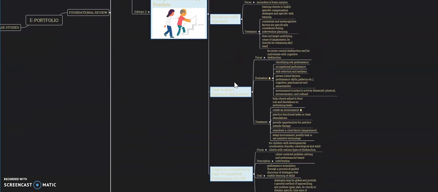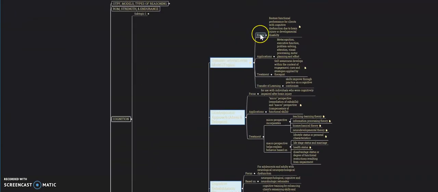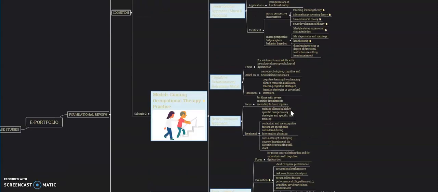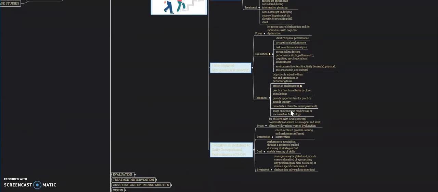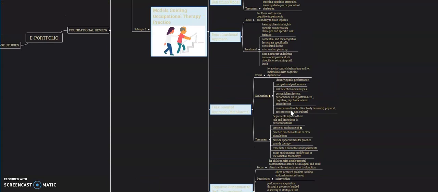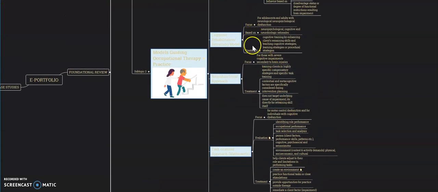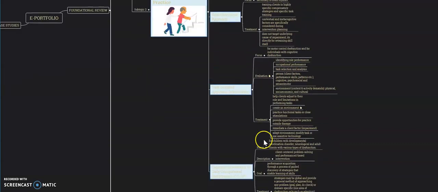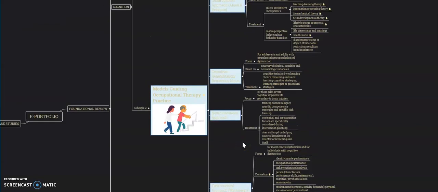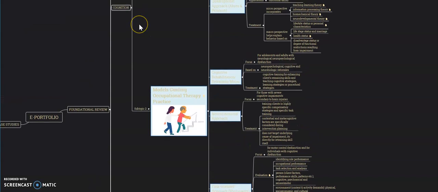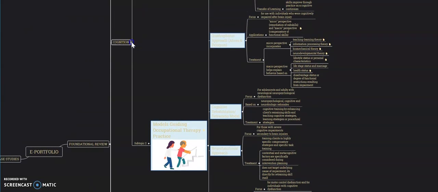So I have all these different kinds of models, and then under each model, there's the focus, application, and treatment for each model. This is super useful information, and I chose this because of the way that it's broken up, with all of these little sub points under each model for cognition. Okay, and then I'll minimize this.